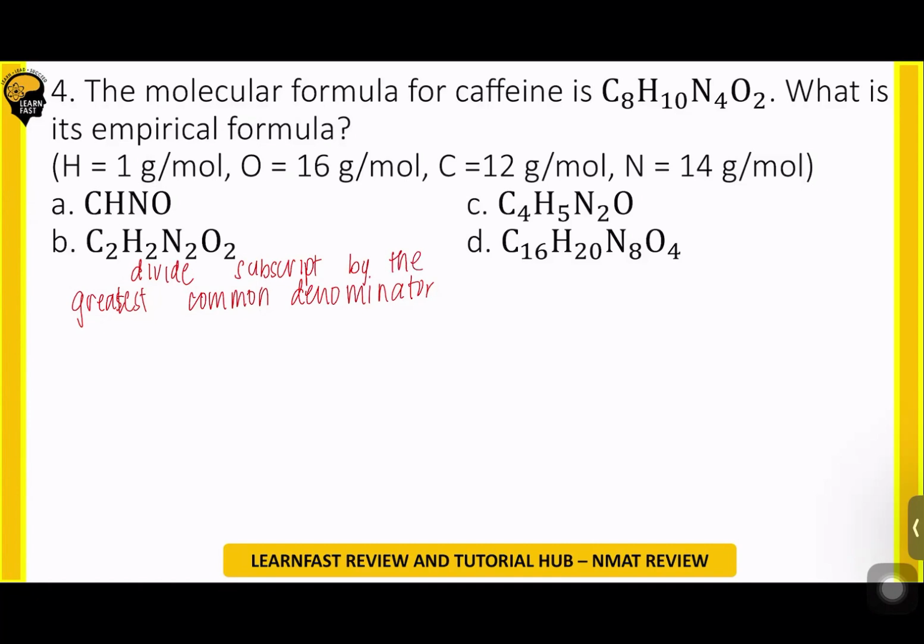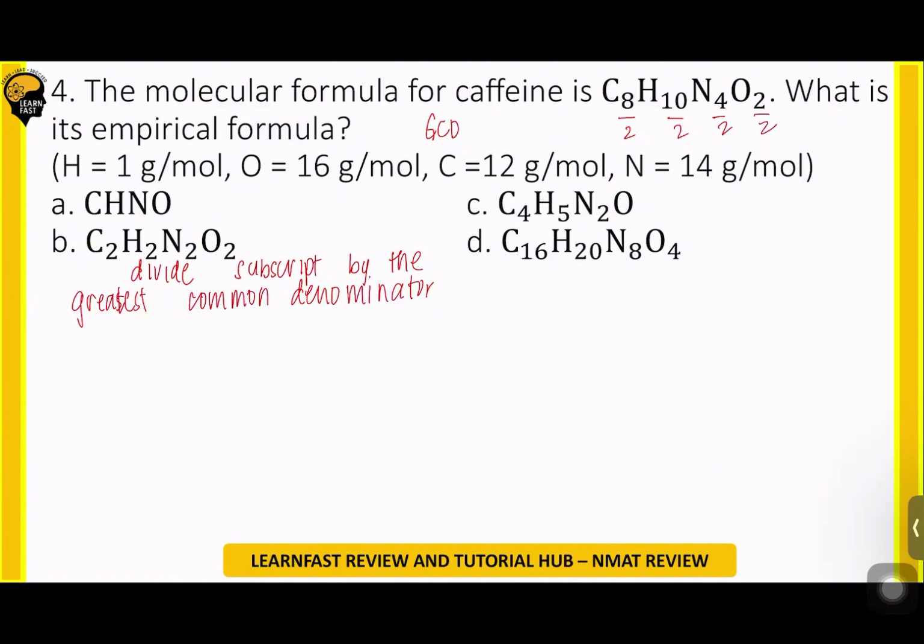So the formula of caffeine is C8H10N4O2. The common denominator would be 2. So just divide everything by 2. So this is divided by 2, divided by 2, divided by 2.